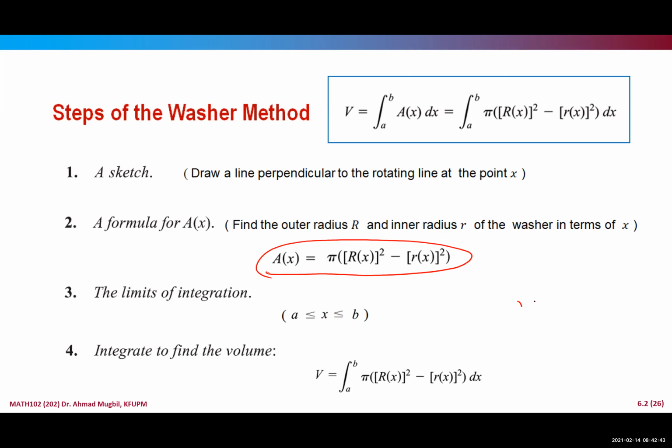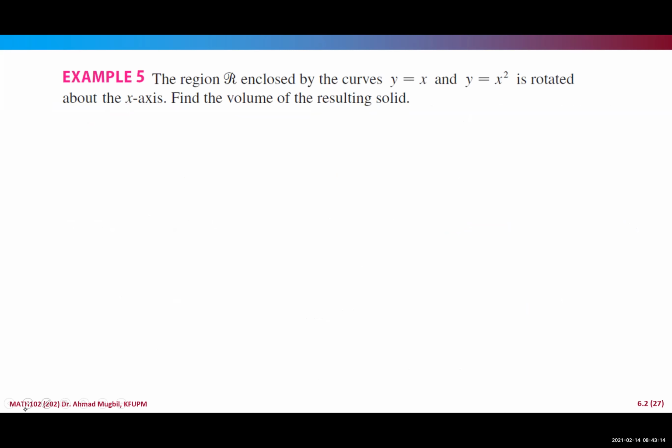So if r of x, the inner, the smaller one, is 0, if we don't have a hole, this will be 0. And what is this? This will be the disk method. So the washer is the most general. The disk method is just a special case when we don't have a hole in the solid. So the disk method is a special case of the washer method.